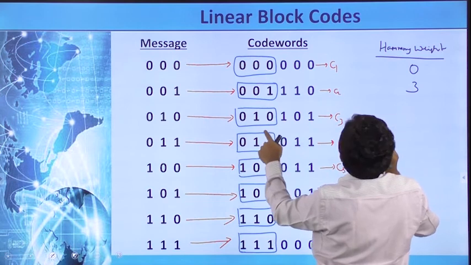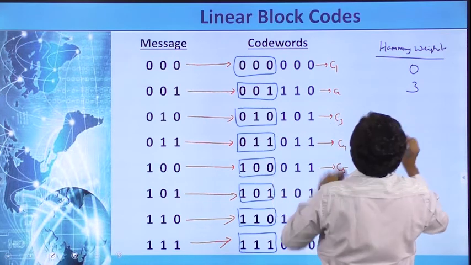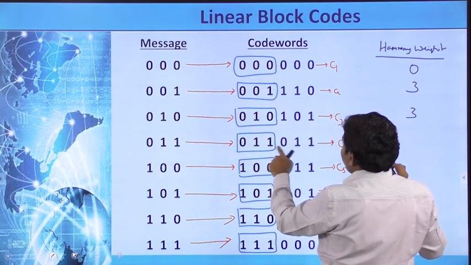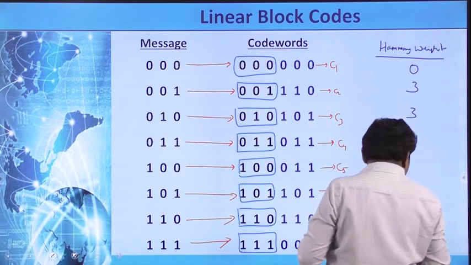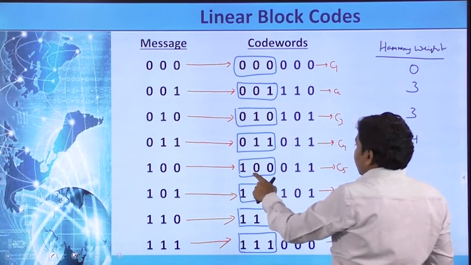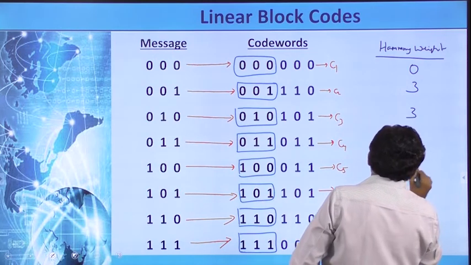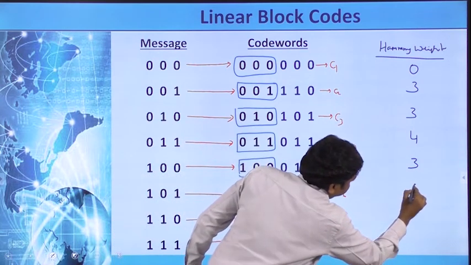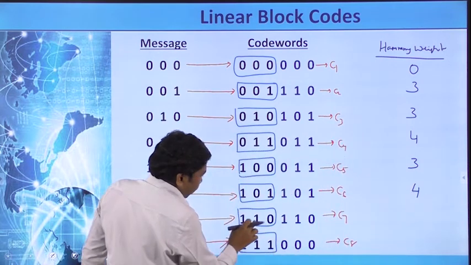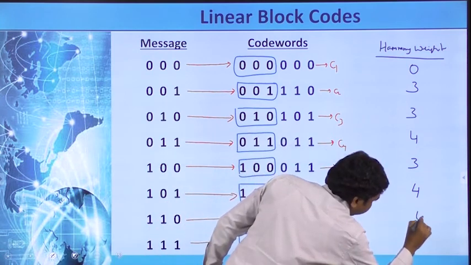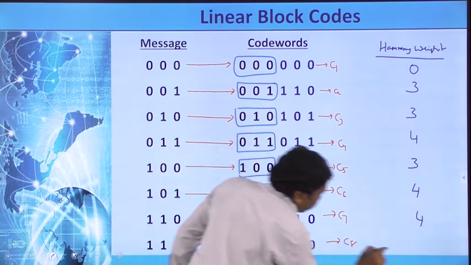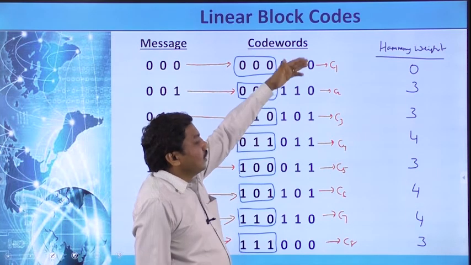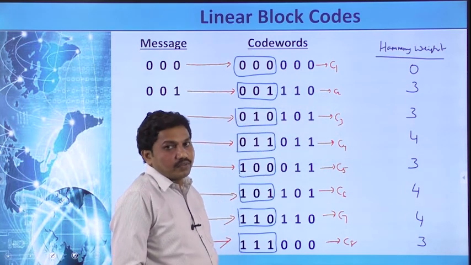Similarly C3, 1 2 3. C4, 1 2 3 4, so the weight becomes 4. C5, 1 2 3. Whereas C6, 1 2 3 4. C7, 1 2 3 4. C8, 1 2 3.